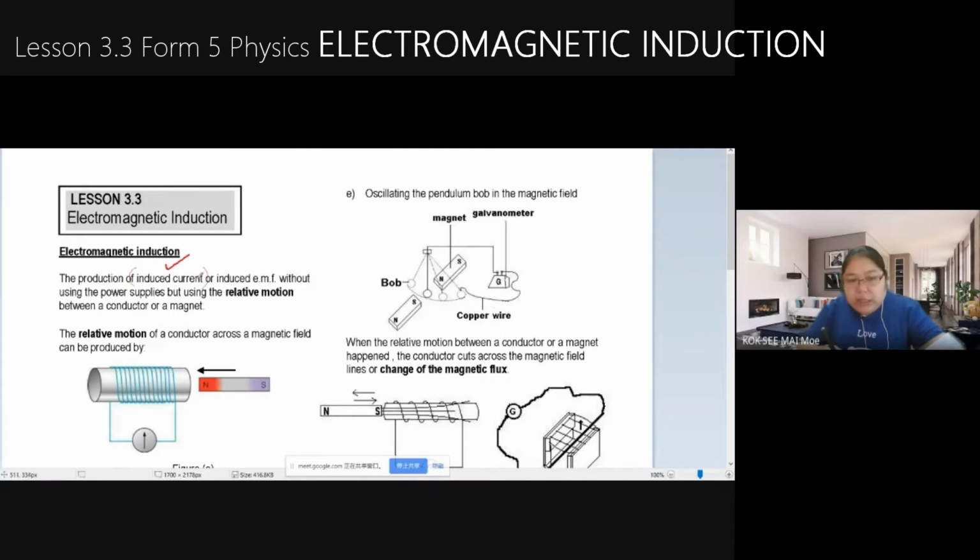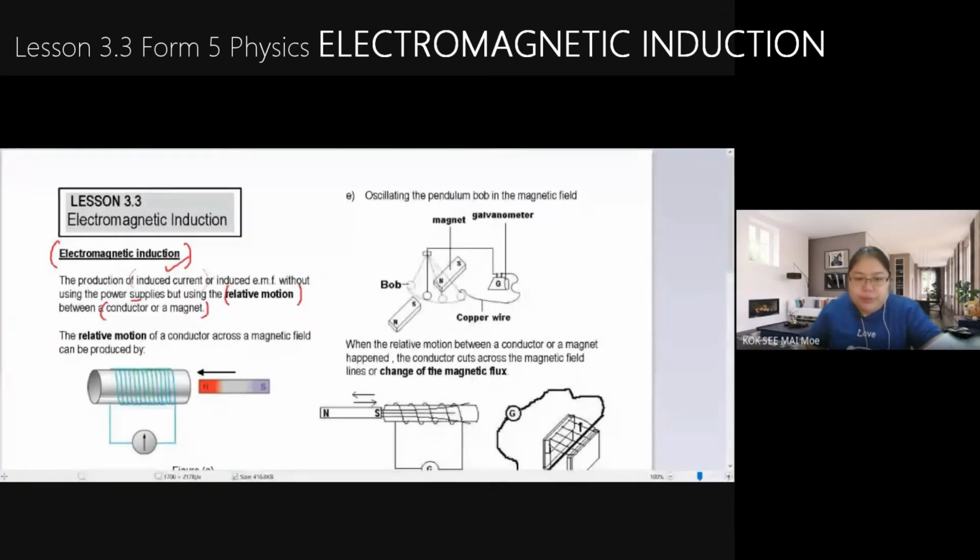It is produced without using a power supply, but using relative motion. Relative motion means using movement between the conductor and the magnet. The phenomenon we use is this topic, electromagnetic induction. So this is the definition.